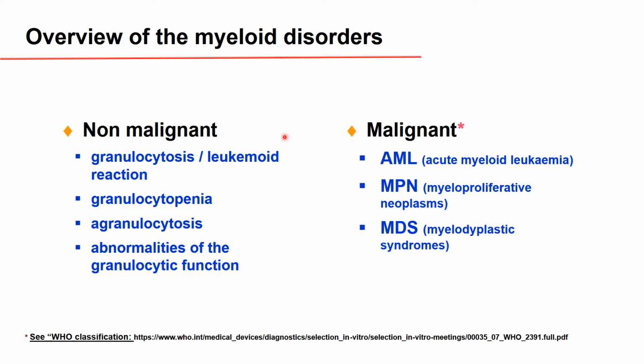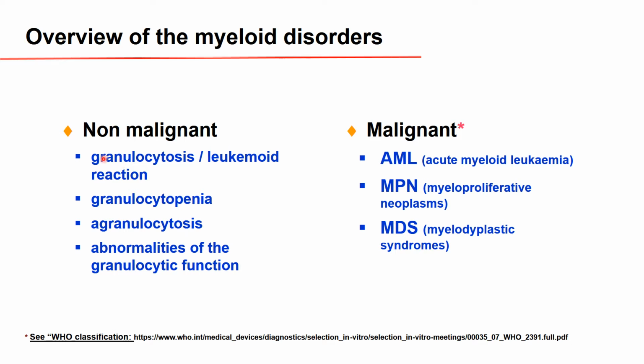Now, when we talk about myeloid disorders, we can separate them into two different parts. One we call non-malignant diseases and the other malignant diseases. Let's see the non-malignant first.